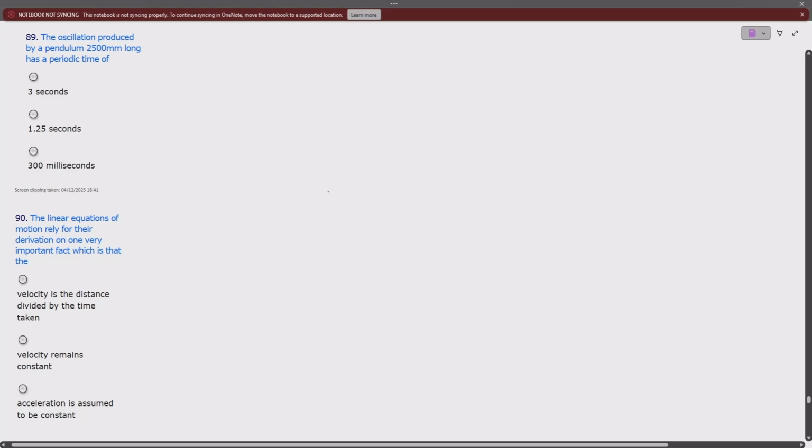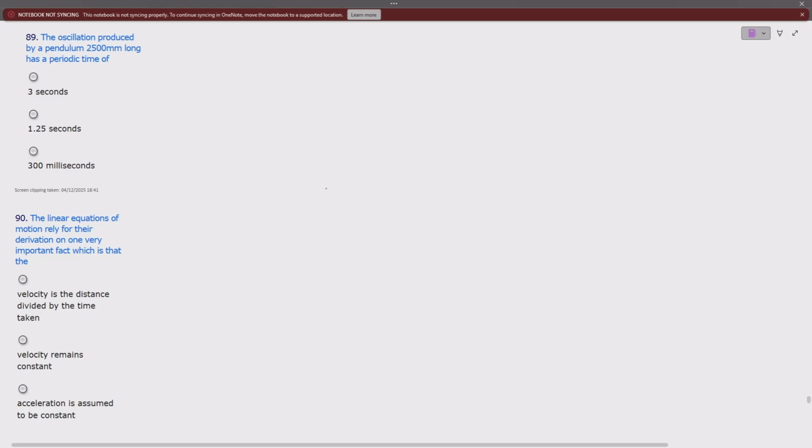Question 89. The oscillation produced by a pendulum 2,500 millimeters long has a periodic time of, you need to put down the formula for period before you can substitute the value. So T period equals 2 pi times the root of the length divided by acceleration due to gravity.